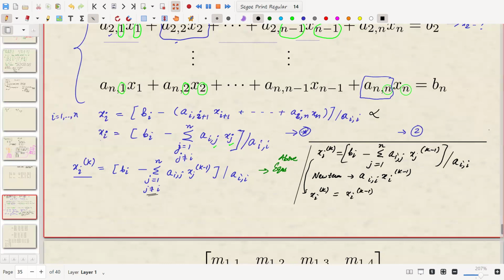It will come out of the summation, yes, plus this whole term will be there again: b_i minus summation j equals 1 to n a_ij x_j at k minus 1 divided by a_ii. But since you have already taken out this term outside of the summation, j not equal to i has to be written. Otherwise, you are adding it again. Are you getting it? Fine. Now it is fine with you.